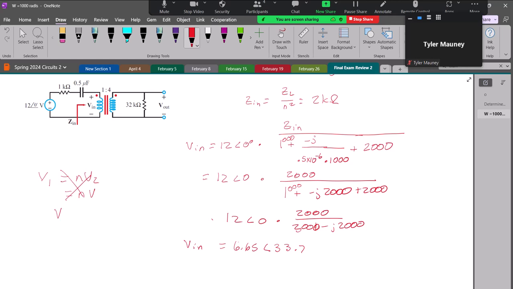V out, or V2, equals NV1, which is V out equals 4 times 6.65 angle 33.7 degrees, or 26.6 angle 33.7 degrees volts.